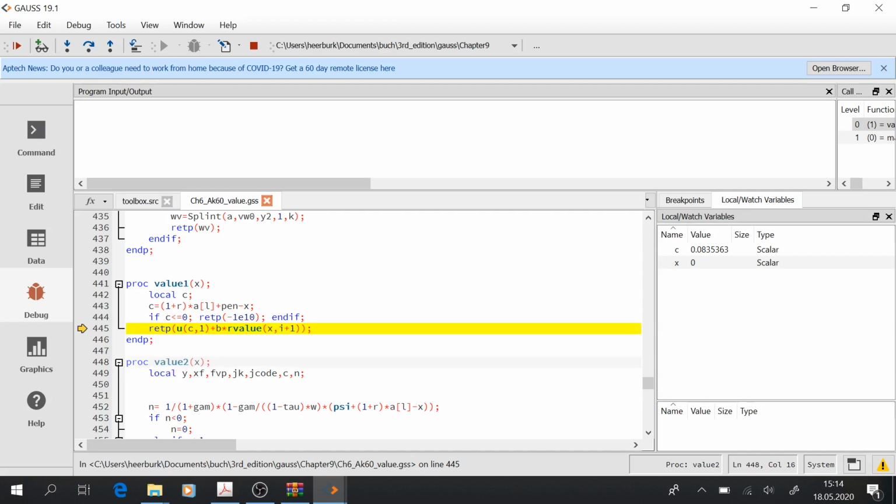It's the sum of utility at age 59 and discounted value next period with the capital stock x equal to 0.